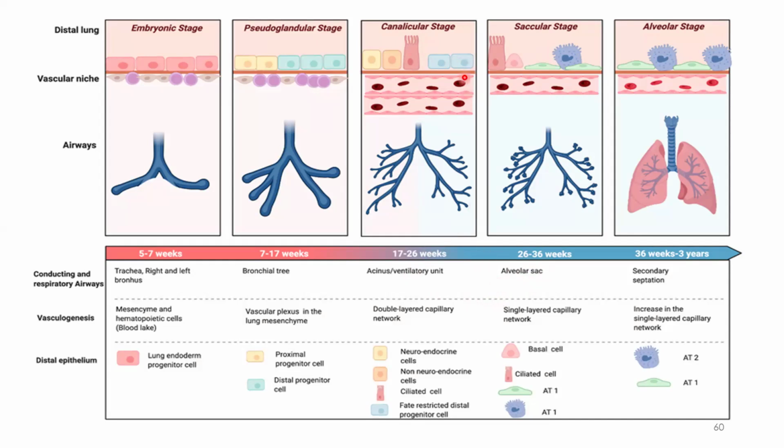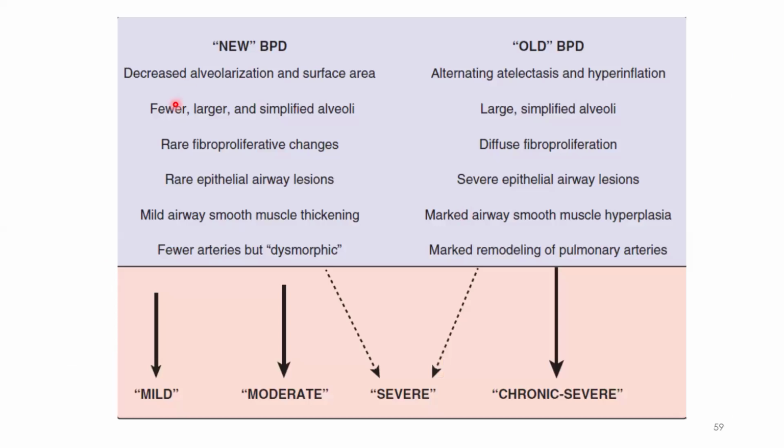The baby born at this stage will have arrested alveolar development. So you will get large, simplified alveoli, which decreases the surface area. You will rarely get fibroproliferative changes or epithelial injury, and you may get some smooth muscle thickening in new BPD. So new BPD ultimately gives us the mild to moderate category of BPD.